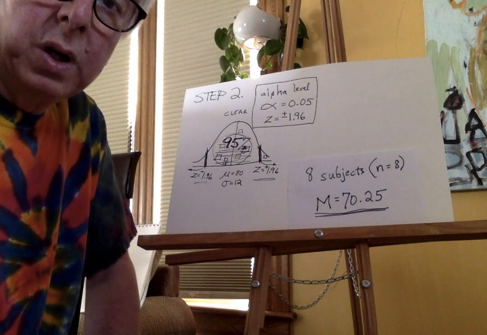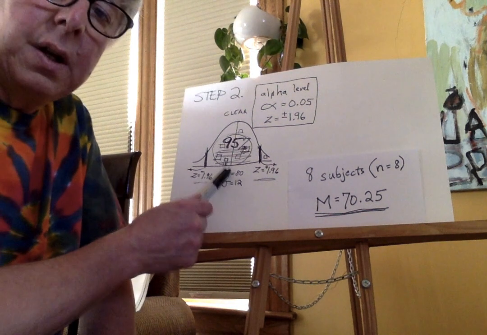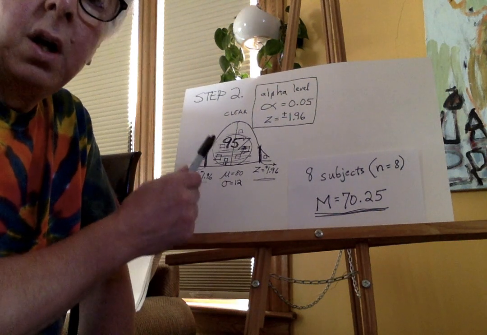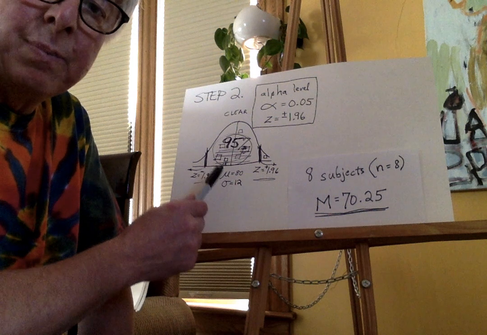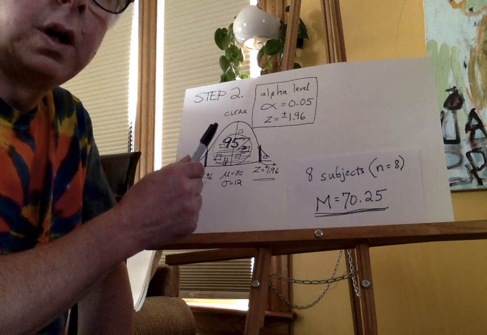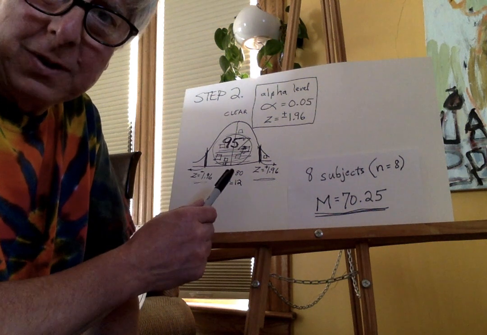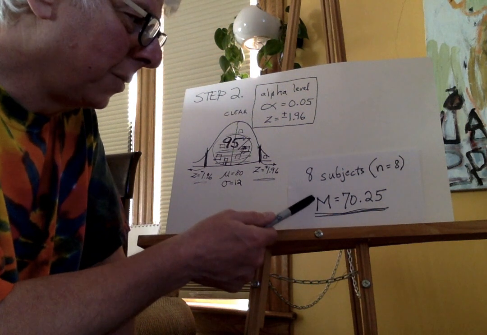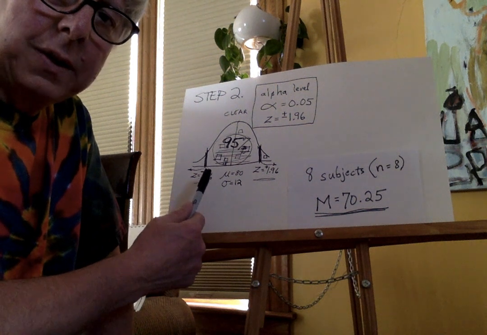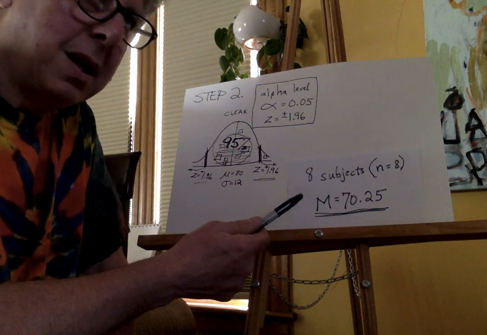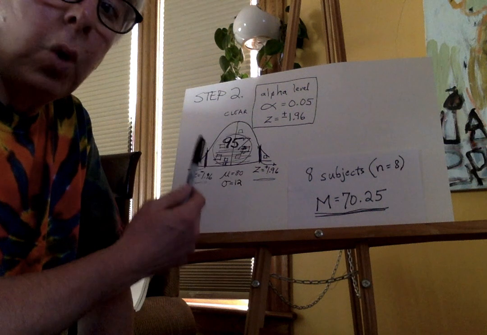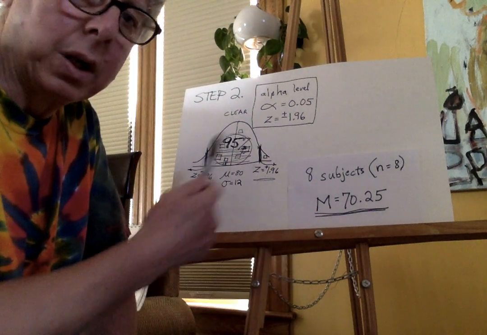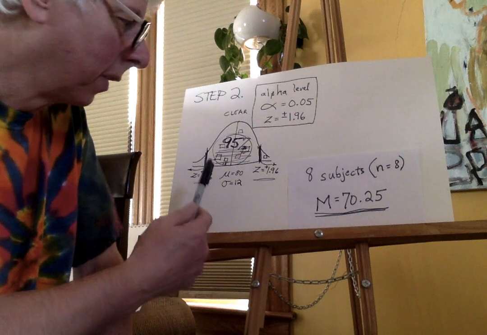What I need to do is convert this distribution of individual scores to a sampling distribution of means for the clear folks. Okay? This is the color. This is the red solution. This is clear. But I want to see if the red sample looks like what a clear sample would look like. I want to see if this looks like what a clear sample of 8 looks like.